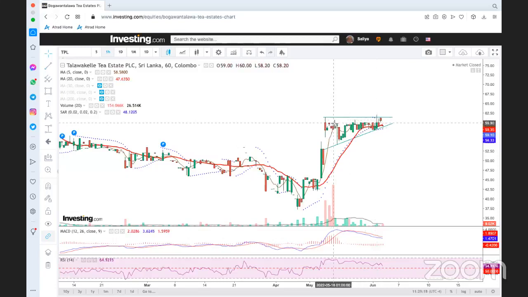Normally, when we use patterns like this, we can enter by using different types of stop losses. That's a different story. Here we will be looking at the entry when this MACD line is above the signal line, because all the other indicators, PSAR is below the prices, RSI is above 54, right?